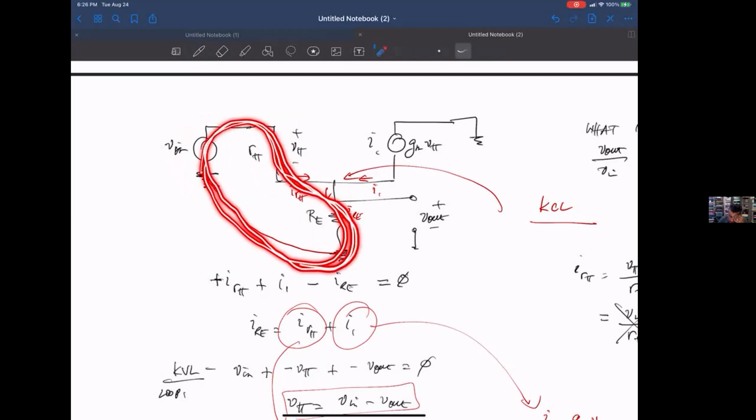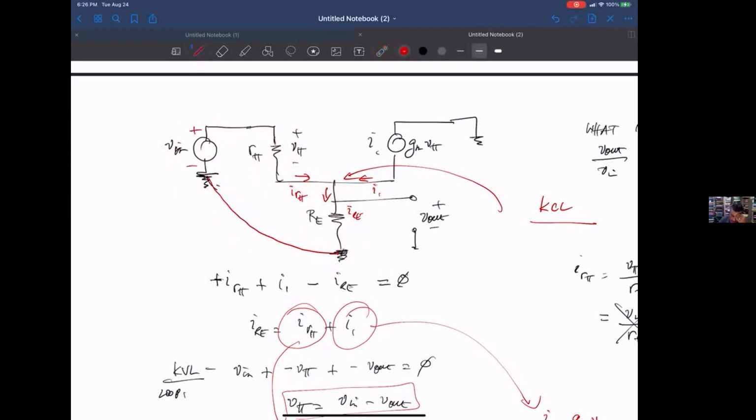So the sum of these voltages has to equal 0. But because the direction of Vn is defined plus and minus, and V pi is defined as plus minus, it's the reverse direction of Vn. If V sub pi was defined as minus plus, then you'd just add it.